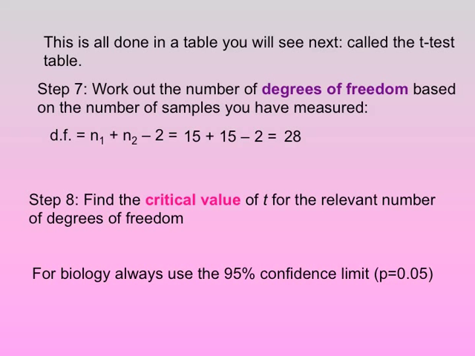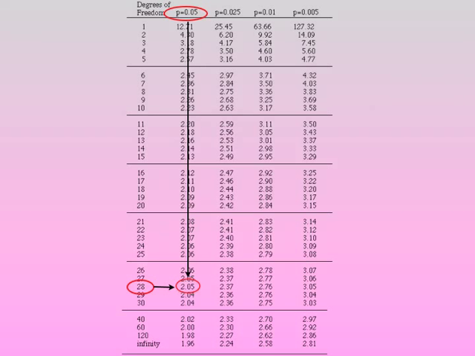For biology, always use the 95% confidence limit. That means a value of p equals 0.05. When you look up a t-test table on the internet, you are going to find a table that looks like this, where on the first column we're going to see the degrees of freedom, and then at the top row you are going to see the values for p.